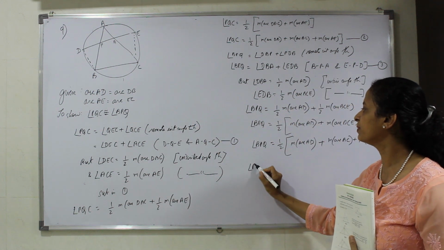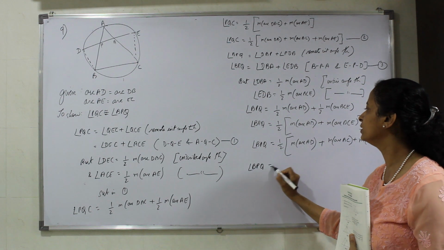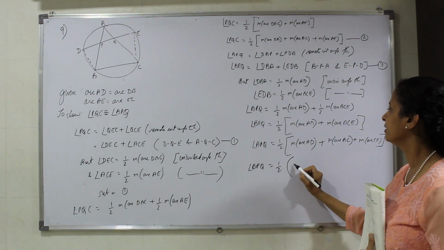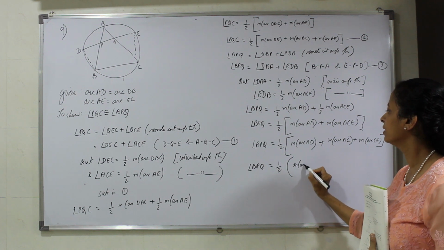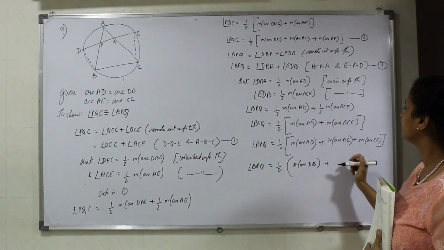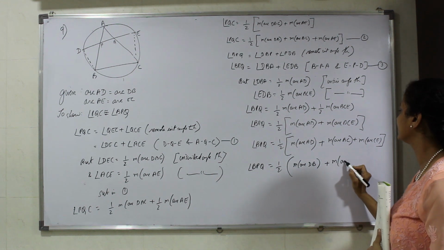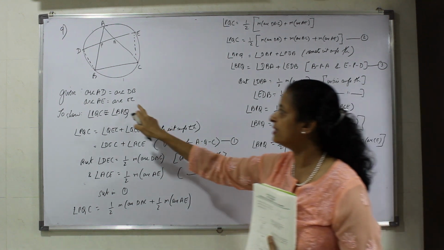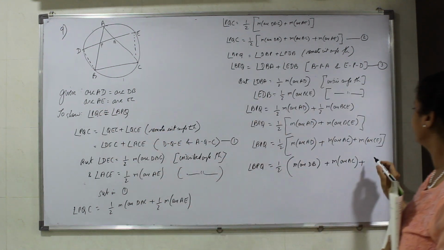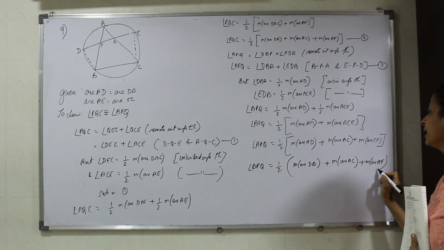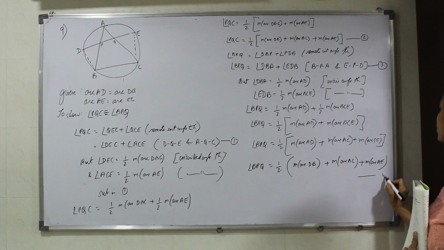And so substituting from the givens we have BPQ is equal to half measure arc AD goes as arc DB, measure arc DB plus the measure arc BC I write it as it is, plus the measure arc CE goes as measure arc AE. I leave this information as equation number 4.